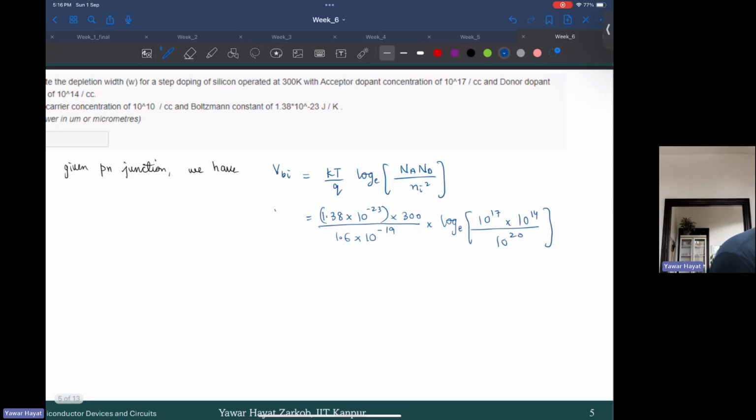If you compute it, you'll get VBI as 0.656 volts.